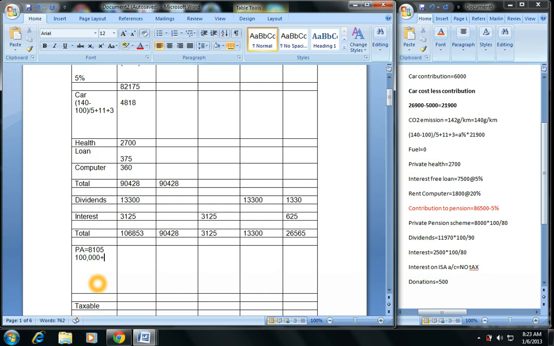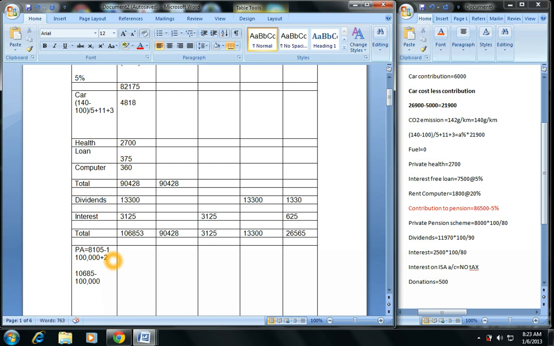But the law says that if you earn more than 100,000, for every £2 you earn over 100,000, £1 will be deducted from the personal allowance. So now let's see how much personal allowance Paula is losing from getting this 106,853, because it's more than 100,000. So we put 106,853 minus 100,000.